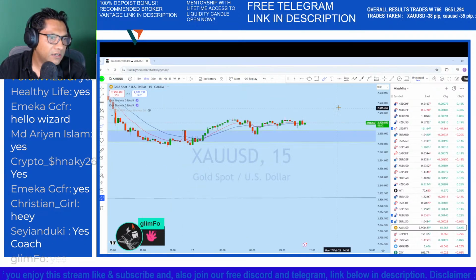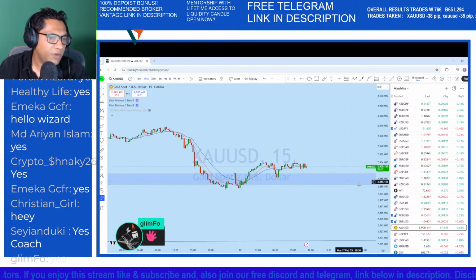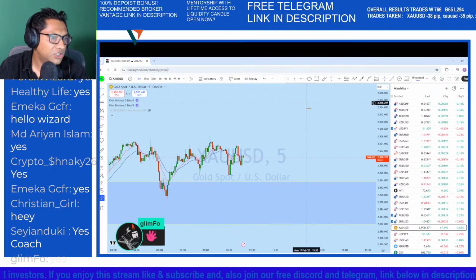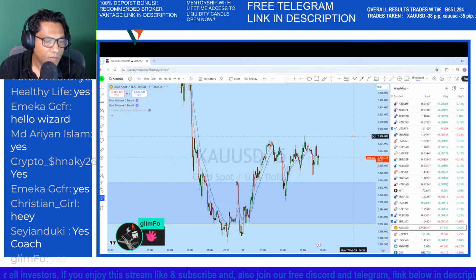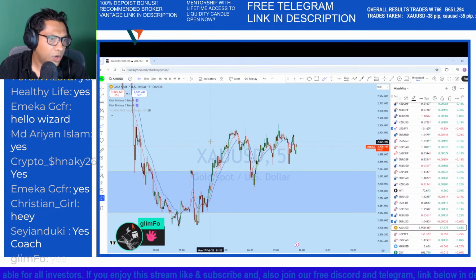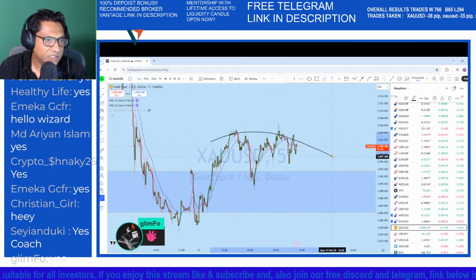And looking at the very lower time frame, here, we can see that if you look at the 5-minute chart here, and in this lower time frame, if we closely look at it, we can see this is a resistance line here.